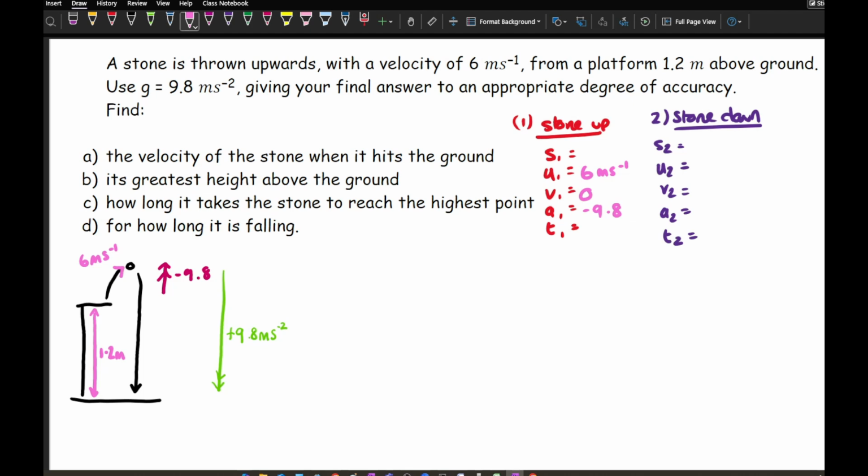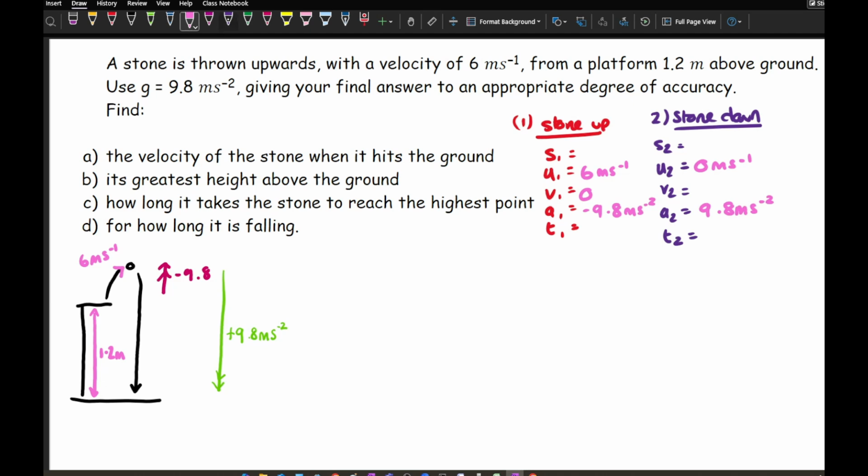Then for the stone going down, the initial velocity is the same as the final velocity in the previous stage, so that's 0 meters per second. The acceleration is going with gravity, so that's going to be 9.8 meters per second squared. Let me just add the units for that. And that's pretty much it.